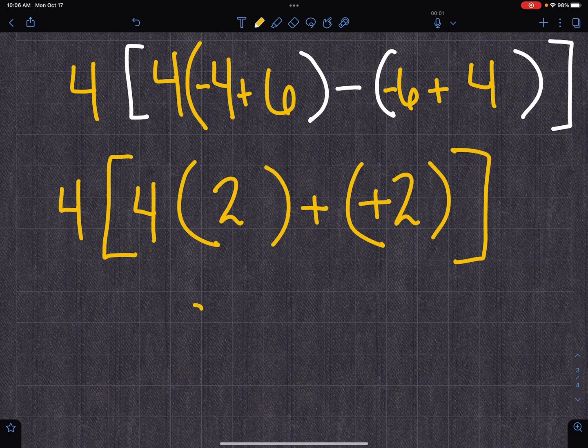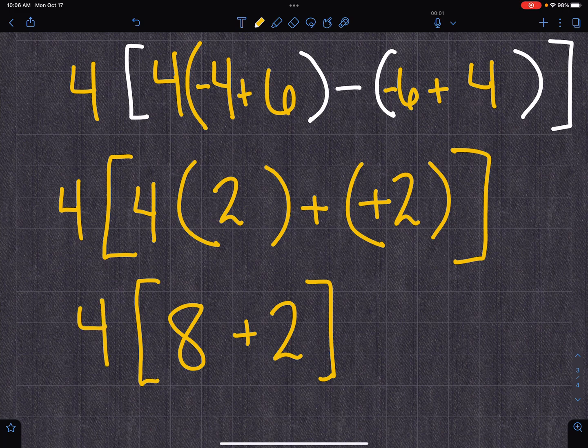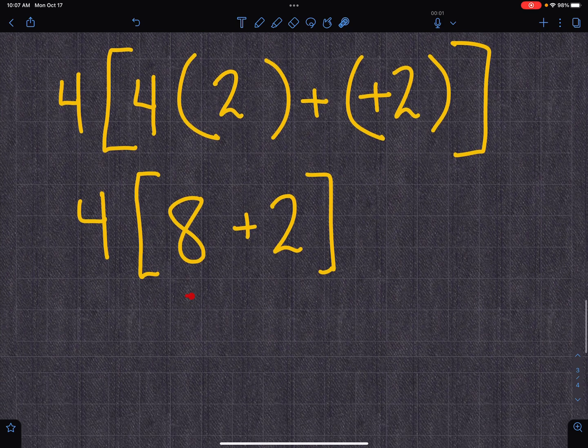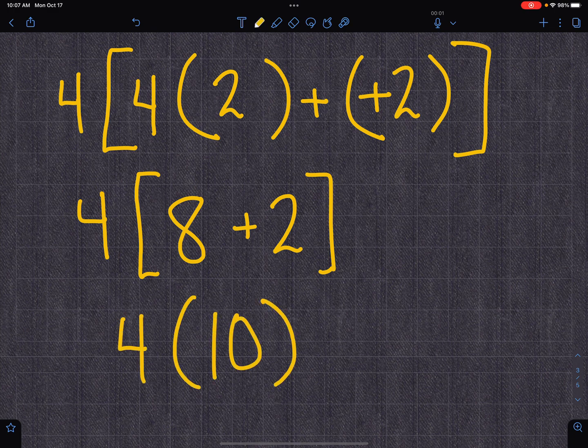So this is 8 plus 2, and that's still in the brackets and with the 4 on the outside. All right, parentheses comes before multiplication. So 8 plus 2 is 10, and I'm going to multiply that by 4. The answer I get is 40, and let's see if I got the same answer as the book.